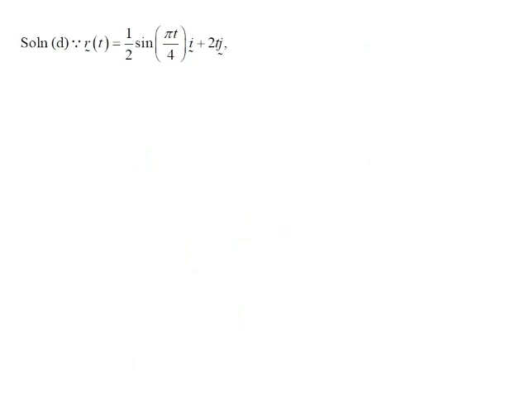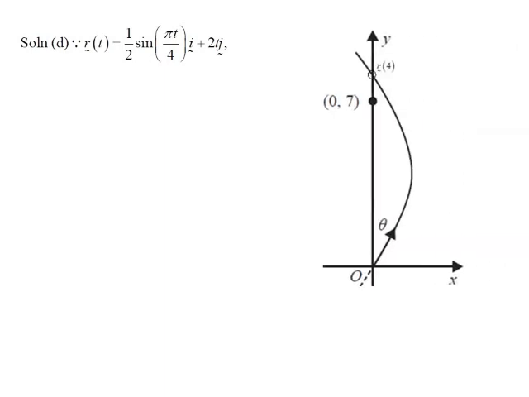Since the question in part D is to find how far the ball travels during the first 4 seconds after passing through origin O as shown in the diagram, according to the vector r of t equals 1 over 2 times sine of pi t over 4 i plus 2tj, we have x of t equals 1 over 2 multiplies sine of pi t over 4 and y of t equals 2t.